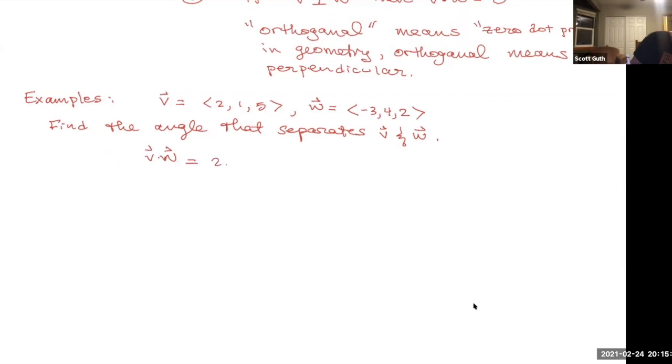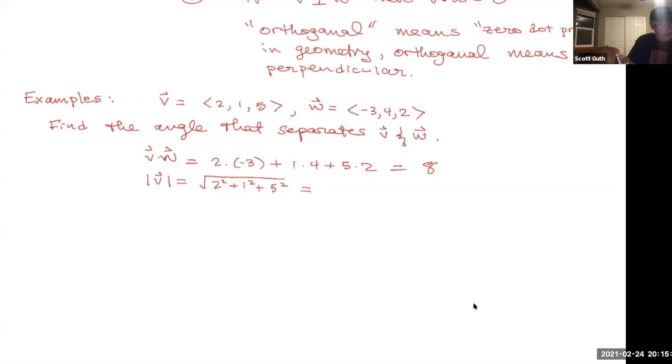So that's 2 times negative 3 plus 1 times 4 plus 5 times 2. These sound familiar. I think we already did this. Was that negative 6? It's 8, right? Okay, then the magnitude of v is the square root of 2 squared plus 1 squared plus 5 squared.